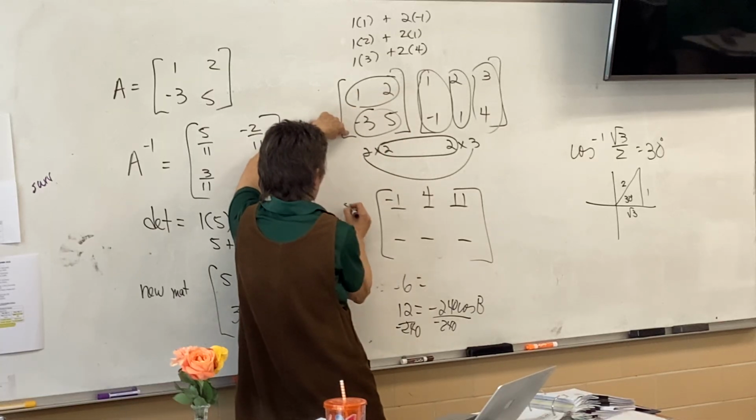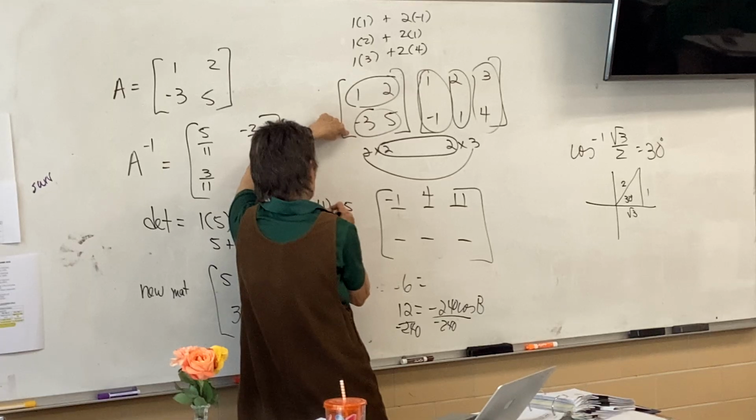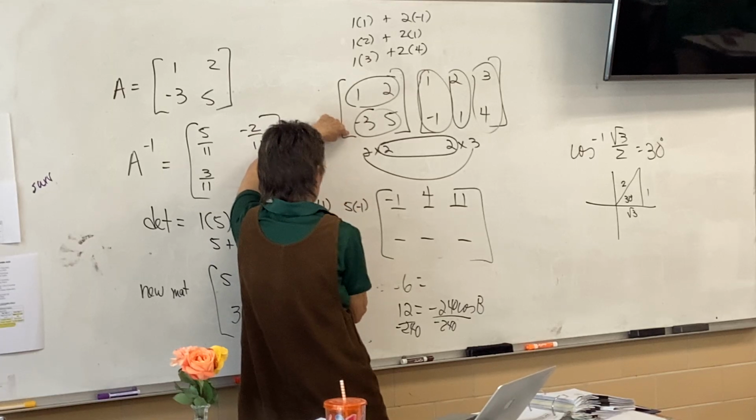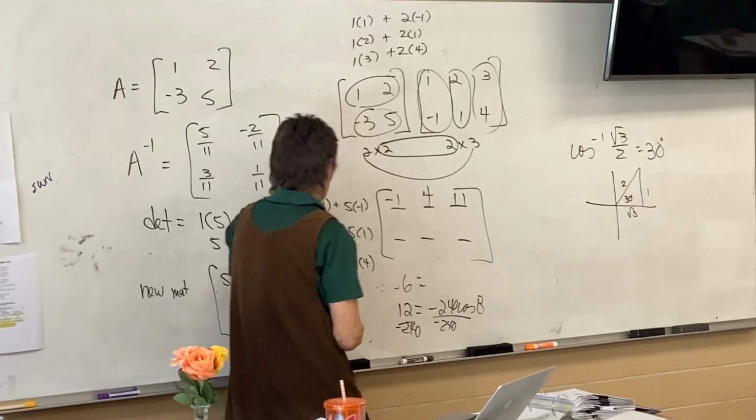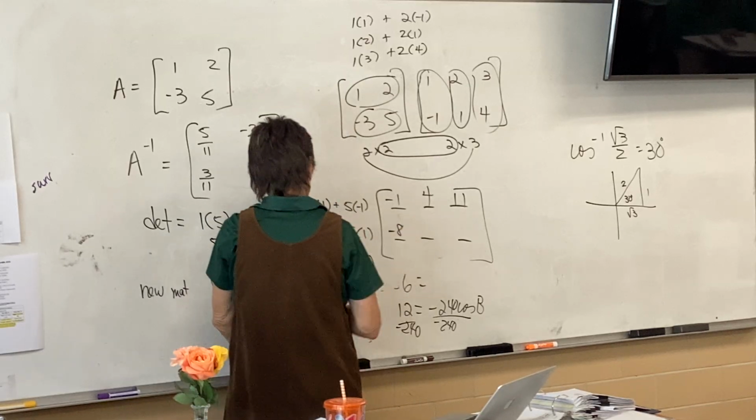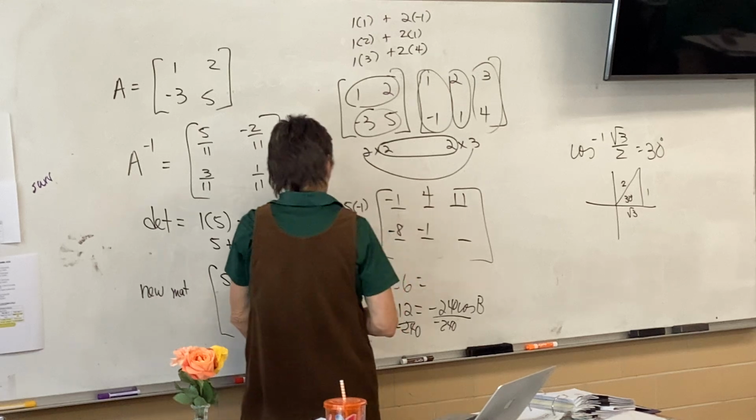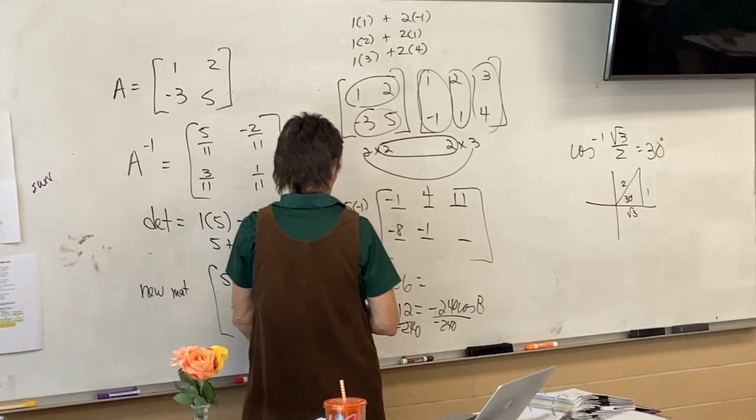So negative 3, 5 times 1, negative 1. Negative 3, 5 times 2, 1. And negative 3, 5 times 3, 4. Let me figure out what all those are. Negative 8, 1, negative 1, and 11.